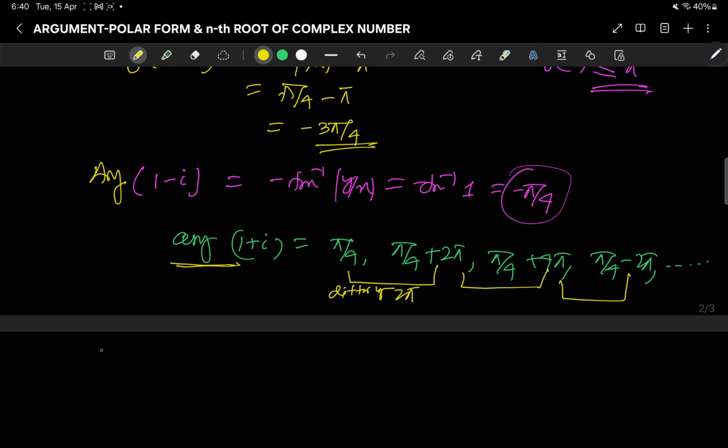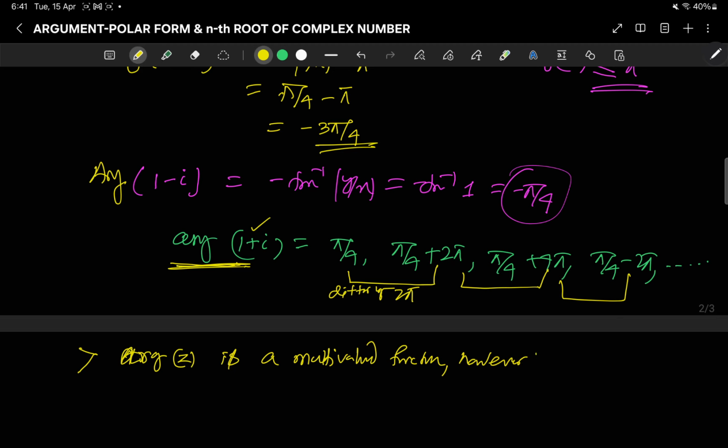Thus we can say that the argument of z, small arg z, is a multi-valued function, right? Because we are getting different values for the same z. However, the functional values differ by multiples of 2 pi.